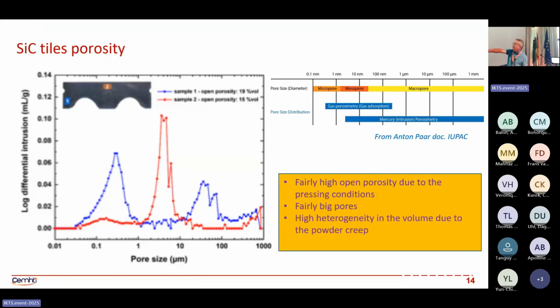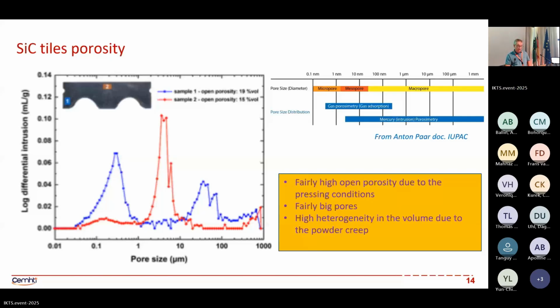But what you can see also is the pore size distribution, and where it is difficult to press, you will get the bigger pores, of course, because you will have difficulty to compress the grains and to densify the material. Fairly big pores, high heterogeneity in the volume due to the powder creep also.